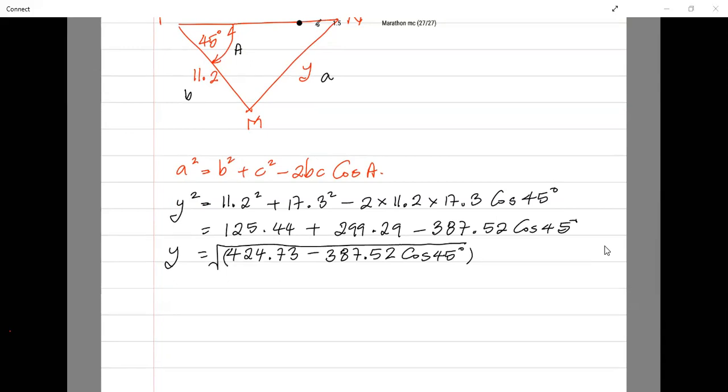So it's going to be square root sign, open bracket, 424.73 minus 387.52, the cosine of 45 degrees, close bracket, equal, and Y, which is MN, would have been equal to 12.3 meters. MN is 12.3 meters. Did anybody get it correct?